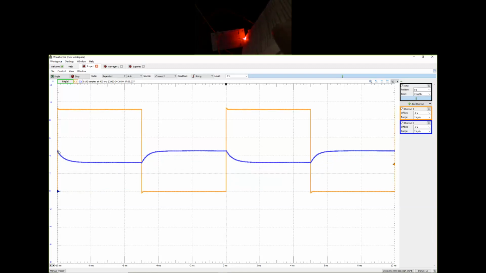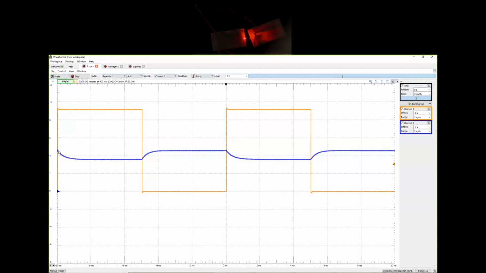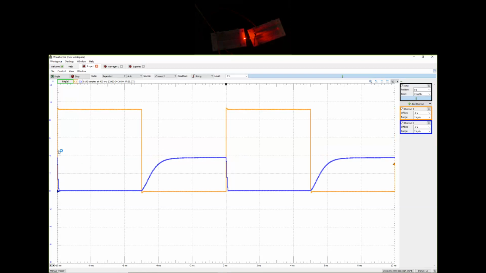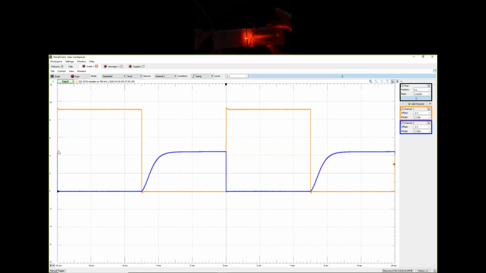Because when I block the light, the phototransistor is going to be off. Even then, some of the light is getting through. And if the phototransistor is off, that means that I'm going to be measuring a high voltage. All right, so I hope that was a good demonstration there.